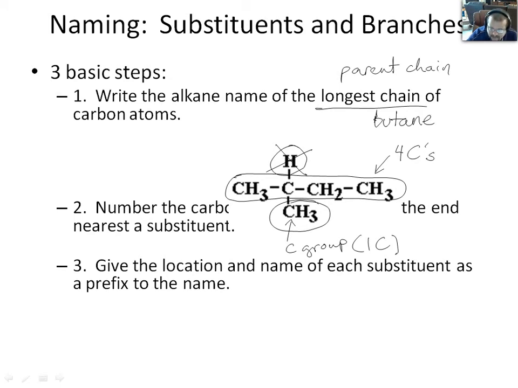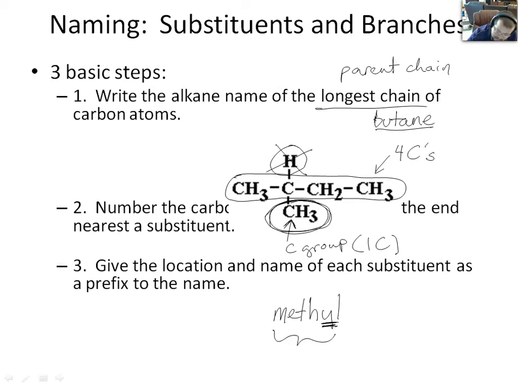This is going to end up working like an address, stating what's hanging off of butane and where it's hanging off of butane. So when asking what is hanging off of butane, we would say a methyl group is hanging off. When we talk about a small group hanging off of a large chain, instead of saying methane, we would say methyl, or propyl, or ethyl, or butyl. It ends in YL.